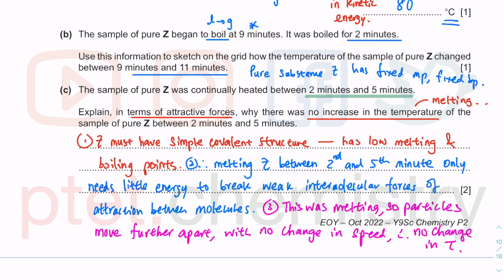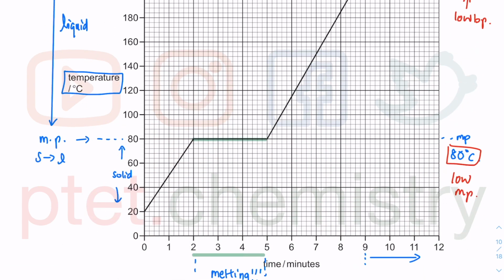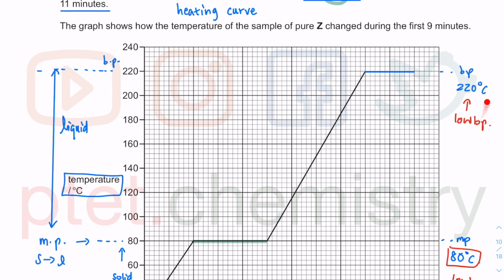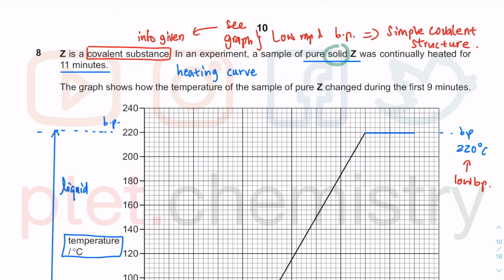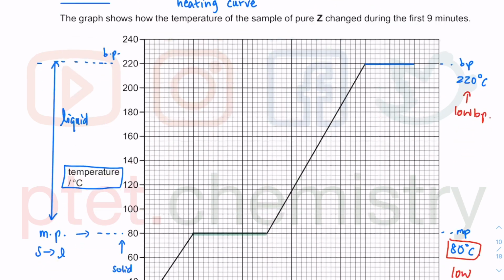So you might be able to skip the covalent structure and just say that melting just requires a small amount of energy, as you are just moving the particles further apart. That is overcoming the intermolecular forces for this simple covalent structure, based on the low melting point and the low boiling point, and being told it was a covalent substance, it must be a simple covalent structure.